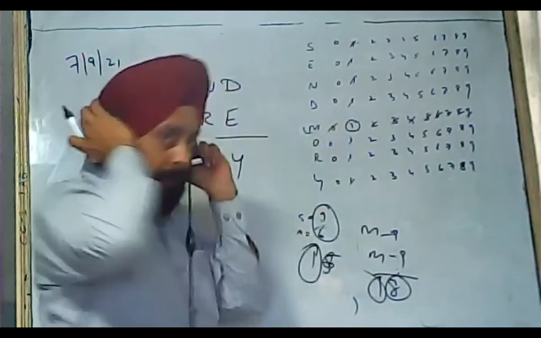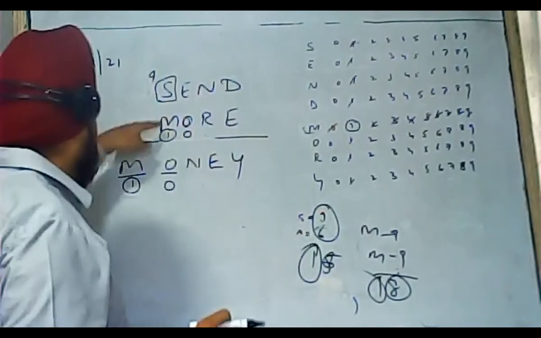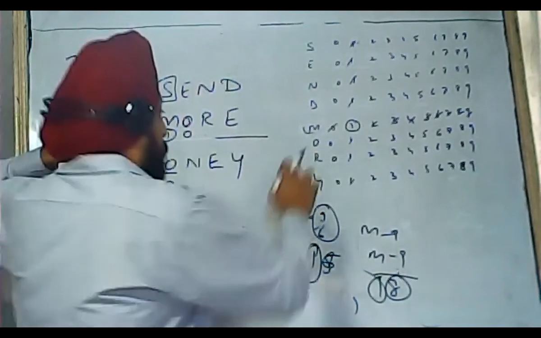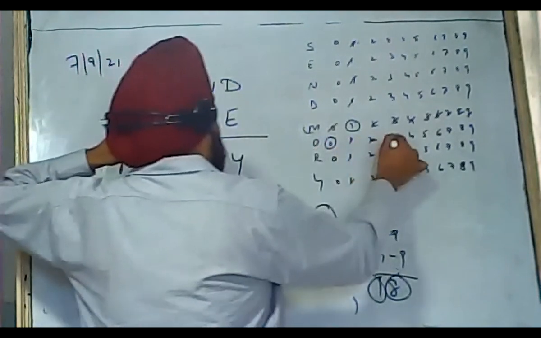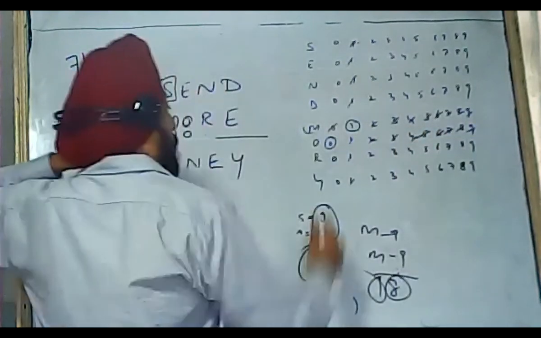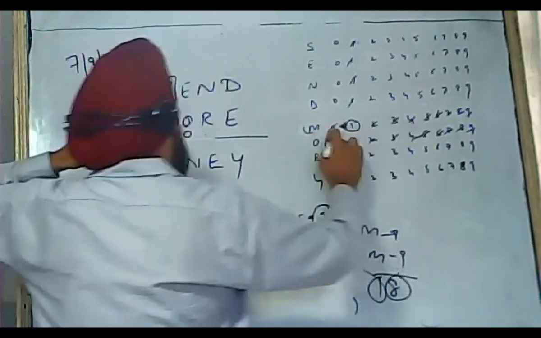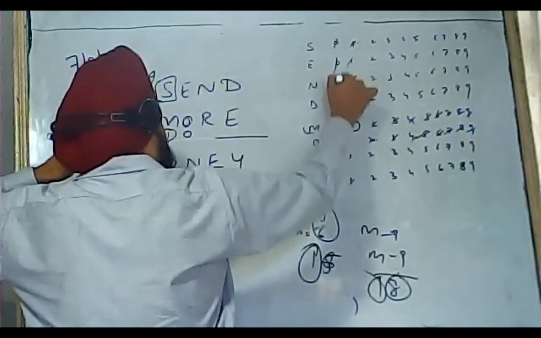So you cut it side by side. Similarly, when 0 was given to O, O cannot be given any other digit, and this 0 cannot be given to any other character. You cut all the digits here.